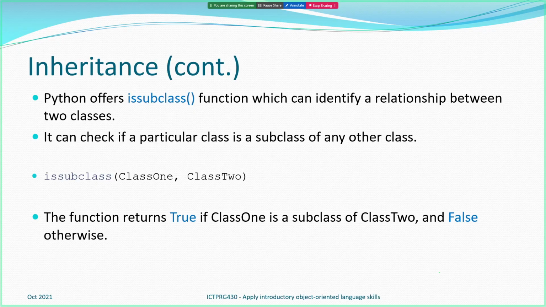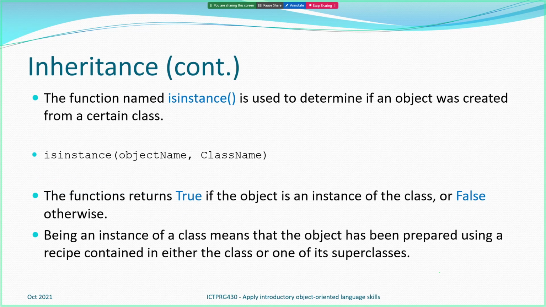So using this in a loop, you can work out your relationships. isinstance is the same type of idea, but it works with an object.